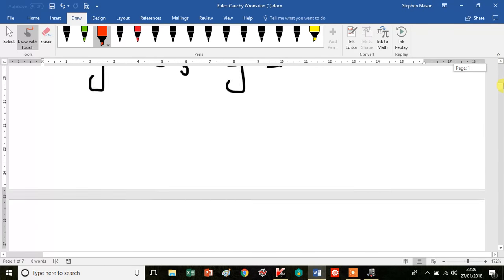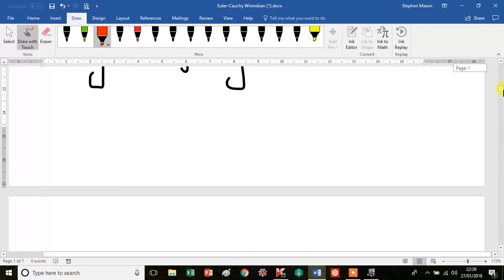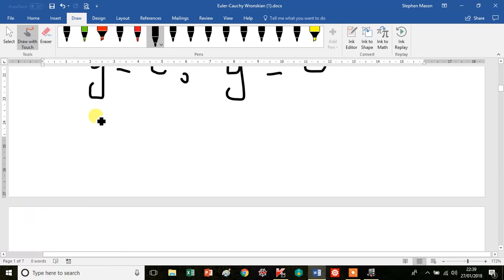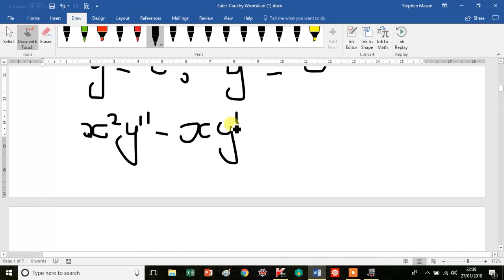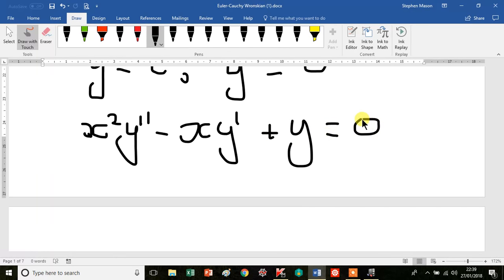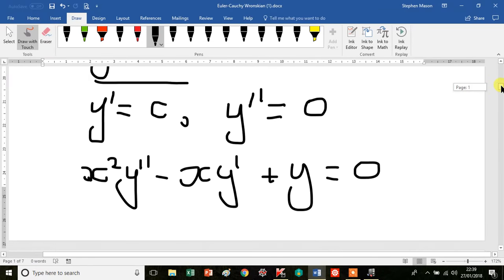So we've got x squared, I'm actually going to write the full equation out again, y double prime minus x y prime plus y. Well, we know that it's equal to 0. We want to show that it really is.